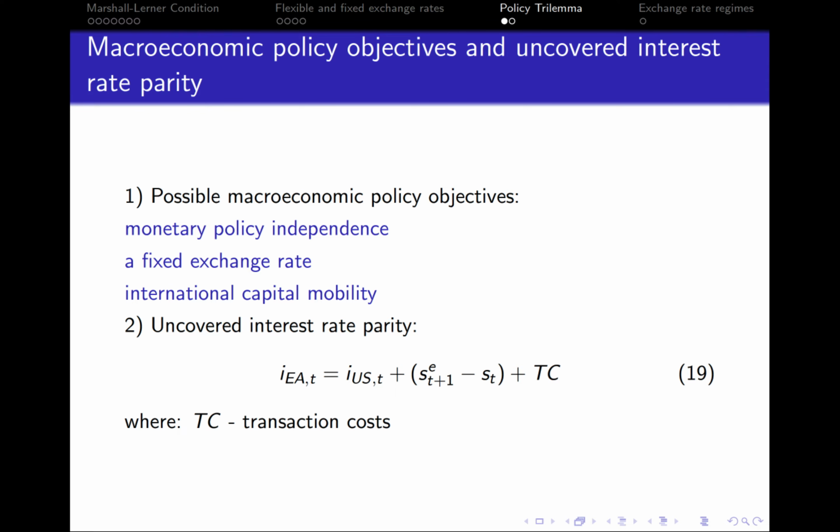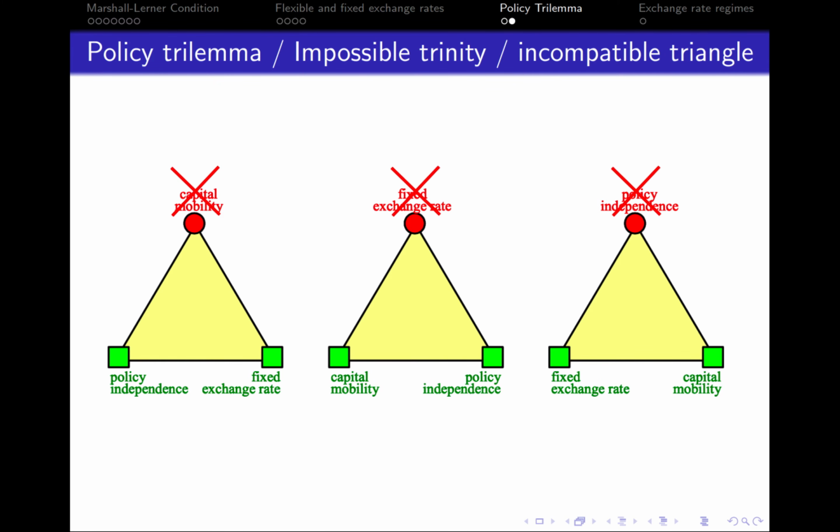the problem of pursuing these three macroeconomic policy objectives is called either the policy trilemma, impossible trinity, or incompatible triangle. Basically, what it means is that we can only achieve two out of these three goals. If we have independent monetary policy and we want to keep a fixed exchange rate, we need to introduce restrictions on capital mobility.